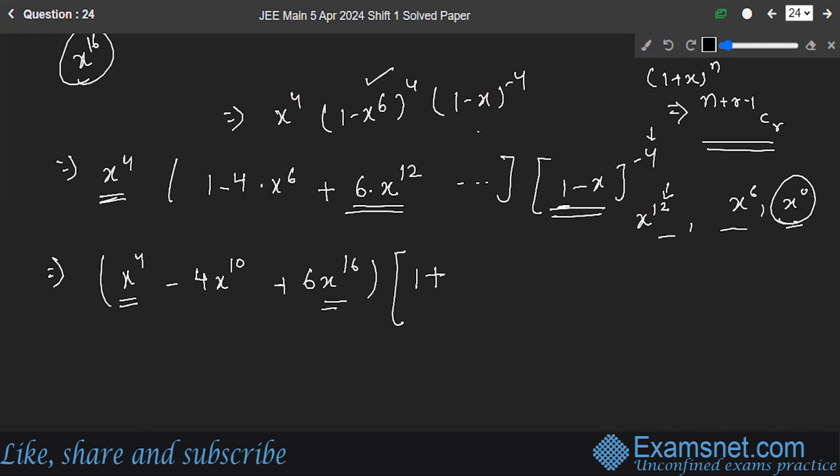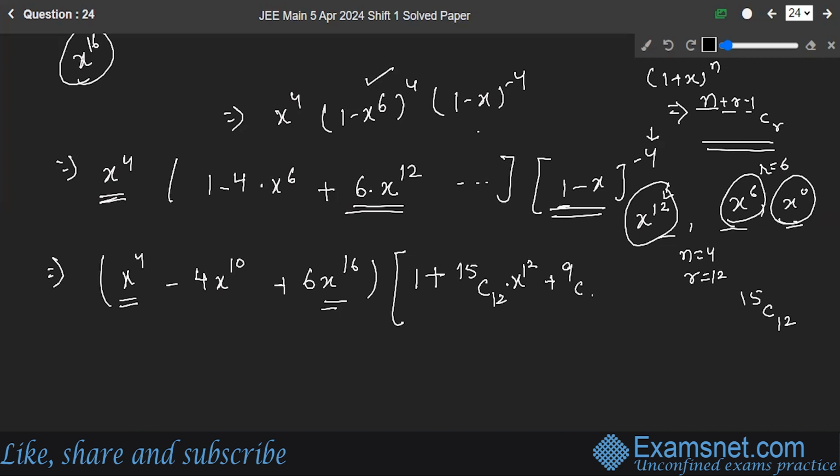Next, n is equal to 4 and r is equal to 12, so this will be given by 15C12 into x power 12. Similarly, for x power 6, r is equal to 6, so this will be 4 plus 6 minus 1, that is 9C6 into x power 6. I won't be taking any further values because we want only x power 16.